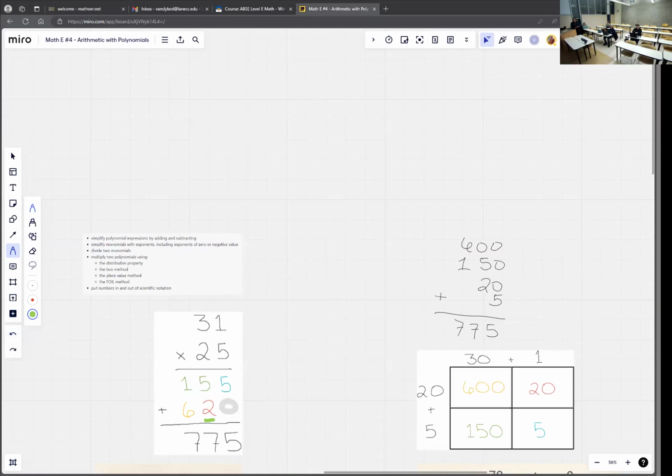And this red 20 is the same as this red 20. And this yellow 600 is the same as that yellow 600 from the 30 times the 20. So you can see how it all fits together the same. Everyone okay with what I just did?